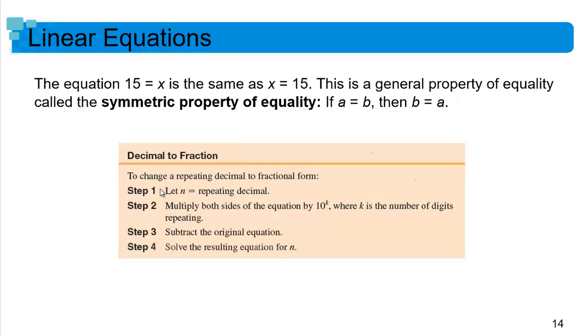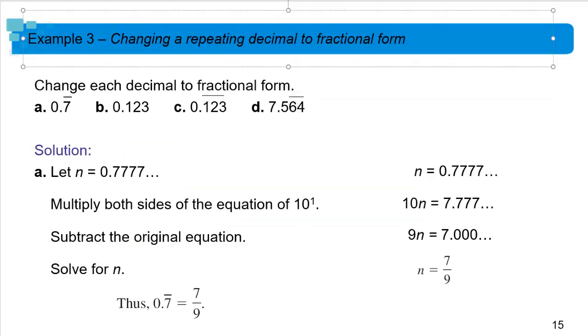And in addition to that, for a specific type of problem, we can use a very specific technique to solve it. And that's if we have a repeating decimal and we want to turn that into a fraction. The technique to remember when trying to turn a repeating decimal, right, 0.7 repeating, into a fraction is to multiply both sides of your initial equation, right?